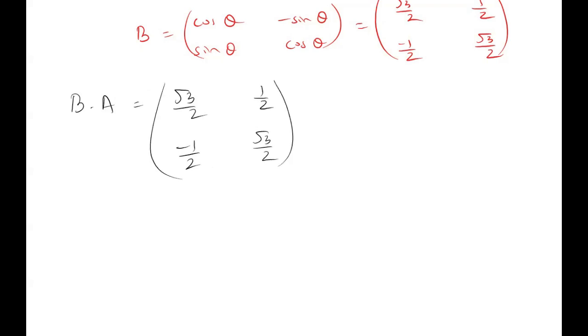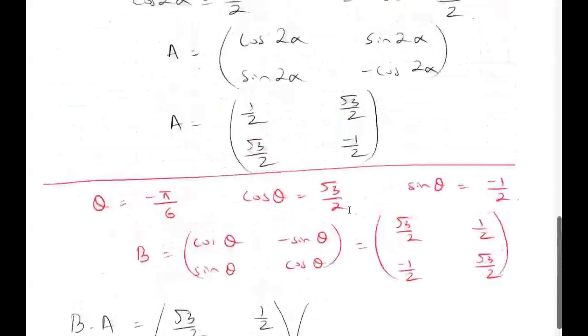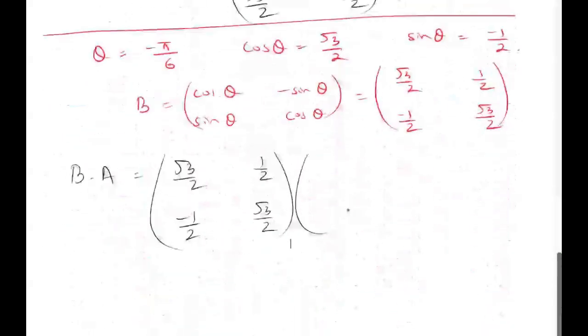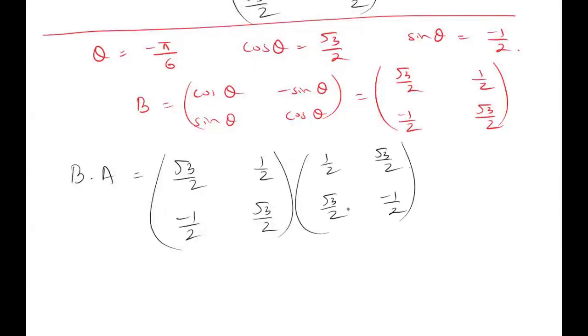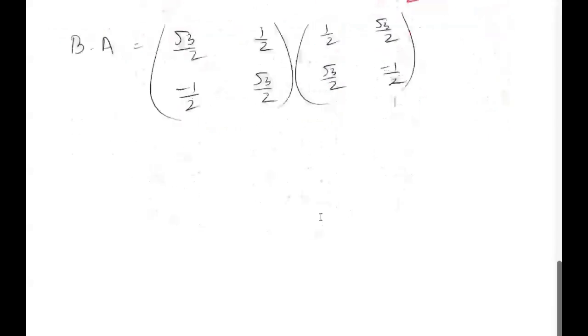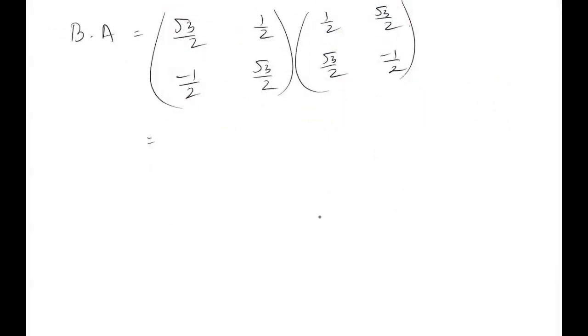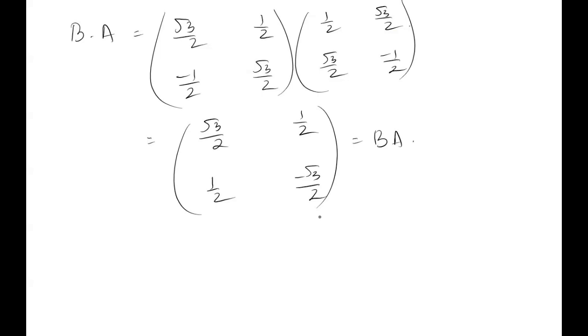And my matrix A was 1 by 2, root 3 by 2, root 3 by 2, and minus 1 by 2. After multiplying both of these, I get root 3 by 2, 1 by 2, 1 by 2 and minus root 3 by 2. So that's my composite matrix.